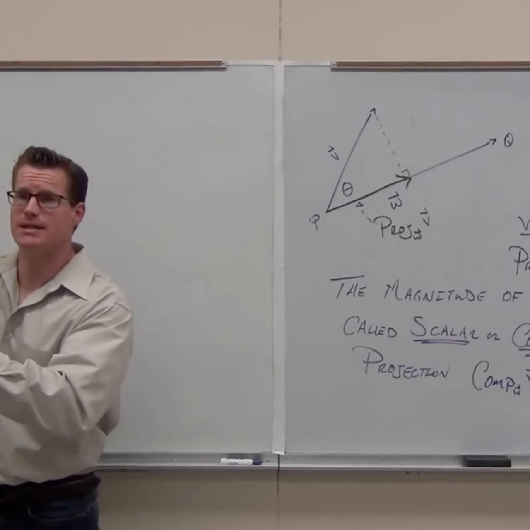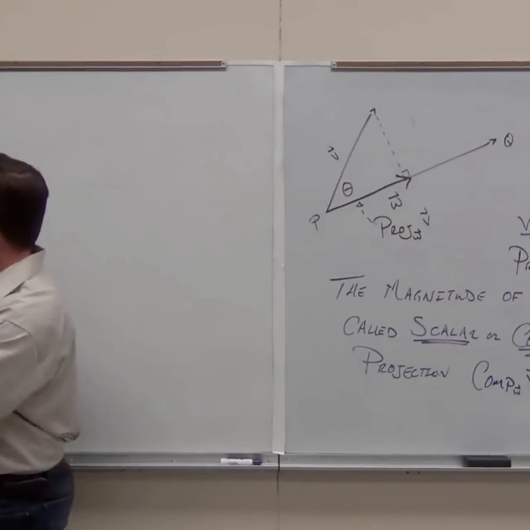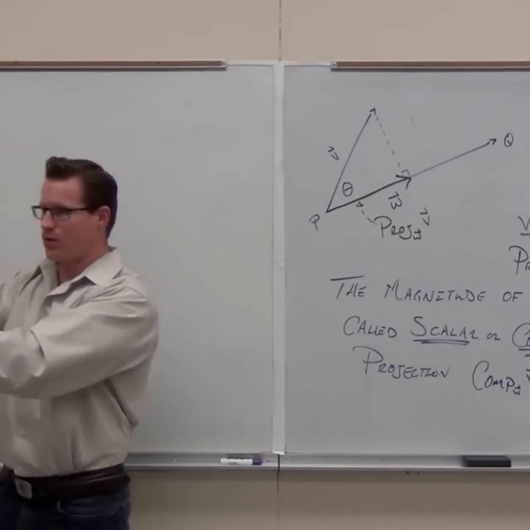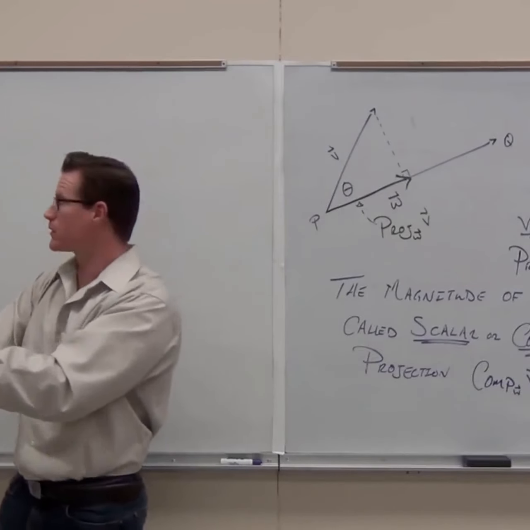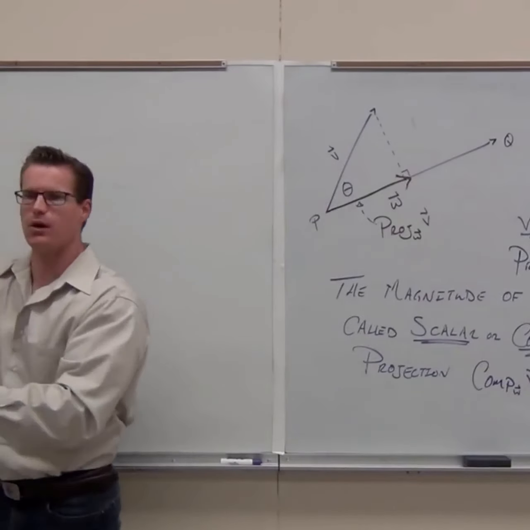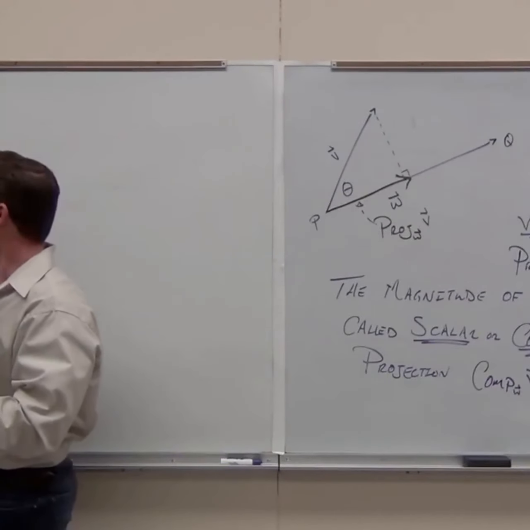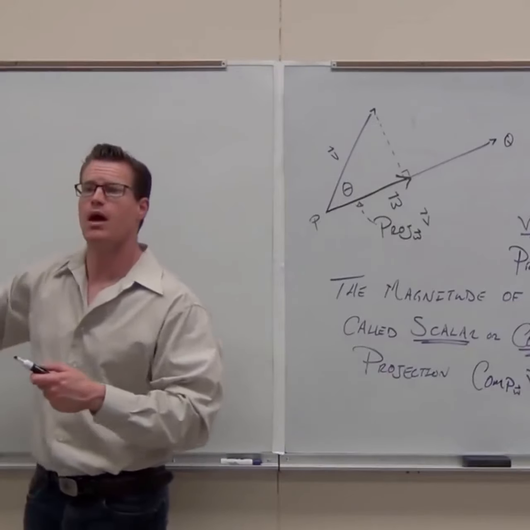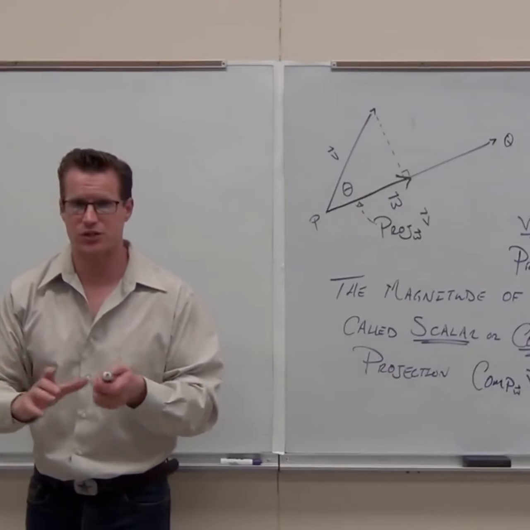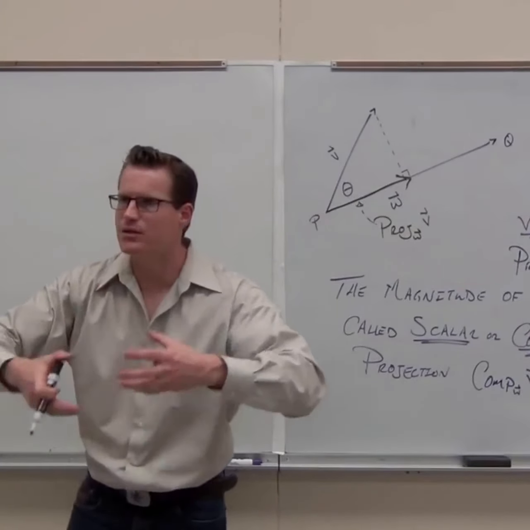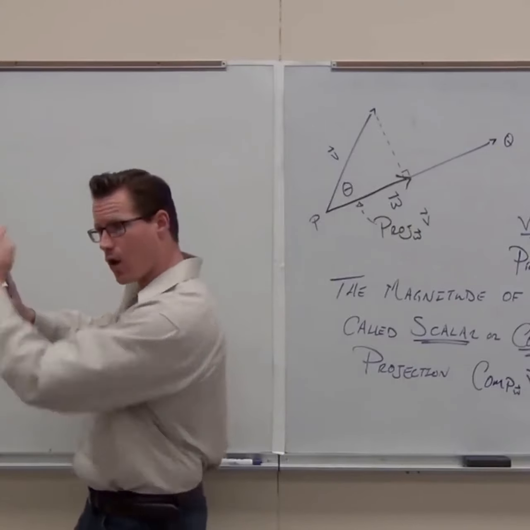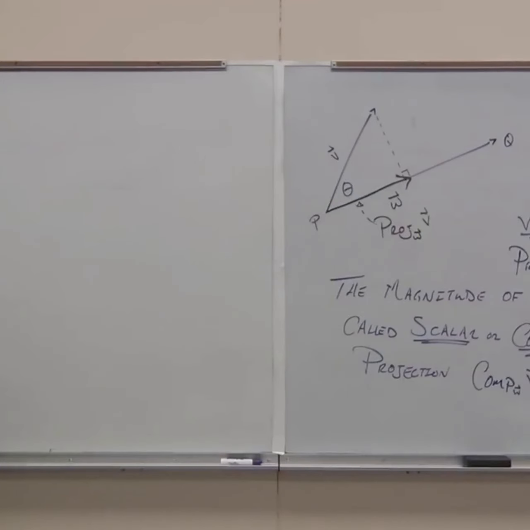That's a magnitude idea. How much of the force I'm pulling on that dog's collar is actually moving the dog up the hill? Does that make sense? There's some wasted, some is being pulled this way. But how much of it is actually pulling him up the hill? That is the idea of component projection. So the amount, the magnitude of my V along the W direction, this is what we are talking about when we do this.